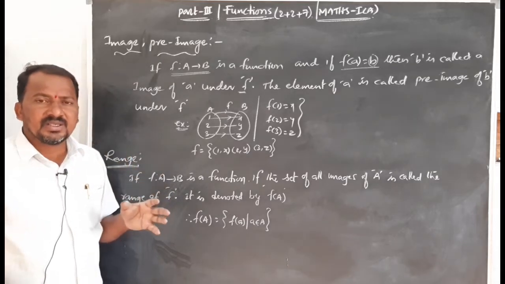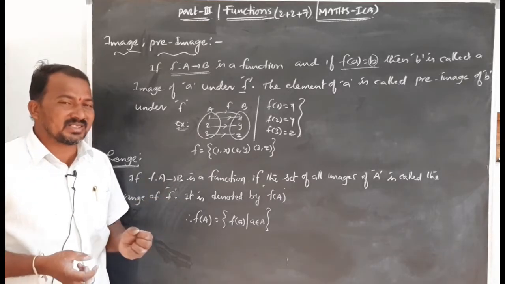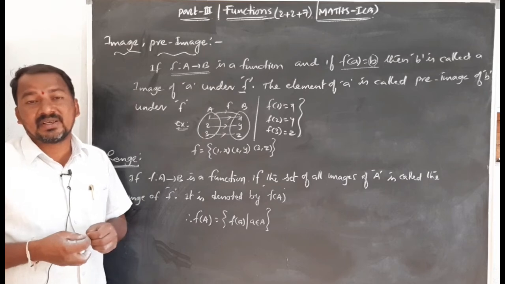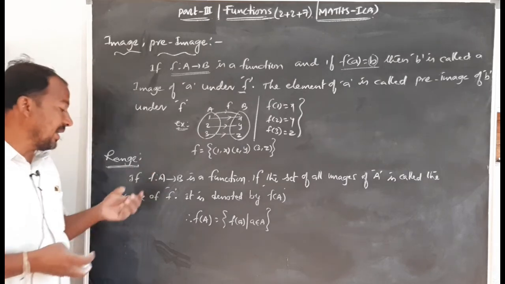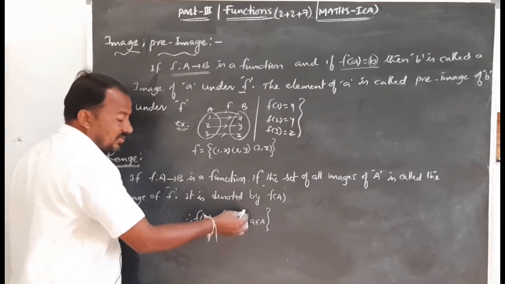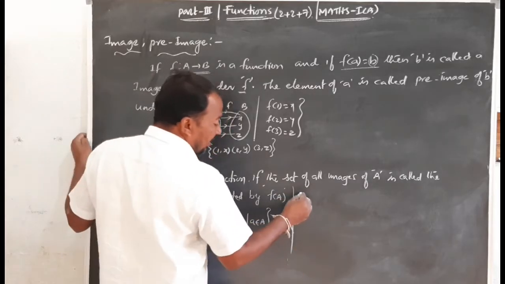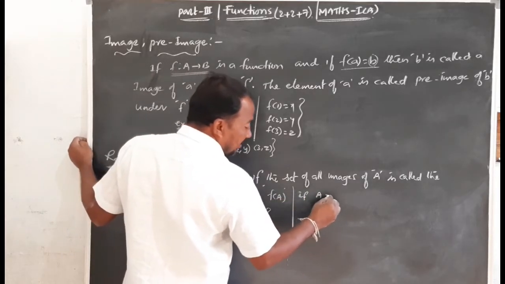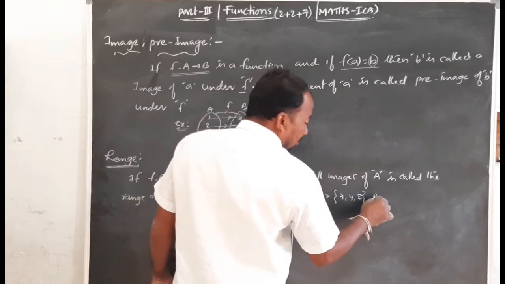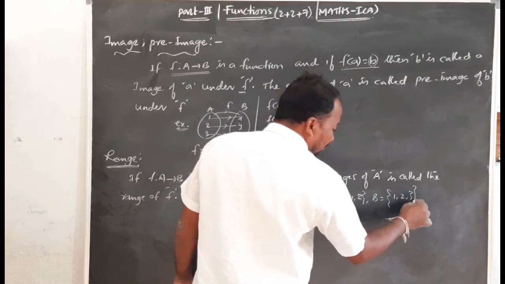Range means the set of all images of domain elements. The set of all images of domain elements is called the range. That is, f of A equals the set of f of a such that a belongs to A. Give an example. Here A is equal to the set {x, y, z} and B is equal to the set {1, 2, 3}.